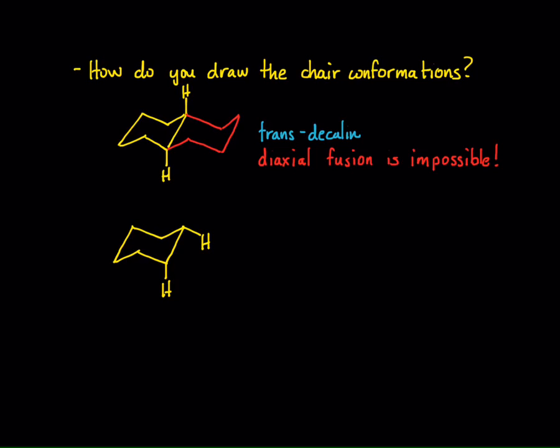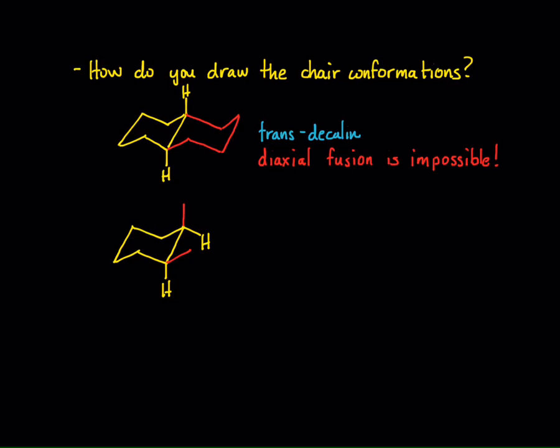Now, when I think about cis decalin, things get a little bit more interesting. So here I'm drawing the hydrogens cis to one another, right? One hydrogen is axial, the other hydrogen equatorial. When I think about the ring and where the ring is, I see that there's going to be a methylene group that's axial and a methylene group that's equatorial. And now I somehow have to connect them to form a ring.